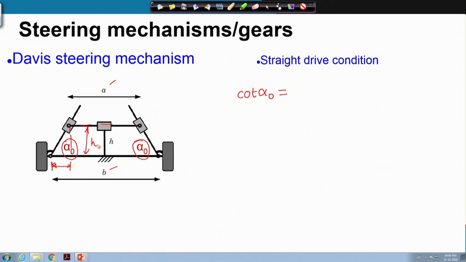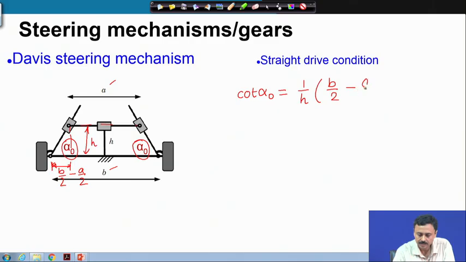This distance as shown is h. Now, this distance is nothing but b by 2 minus a by 2. Therefore, cotangent of alpha naught is 1 over h times b by 2 minus a by 2.